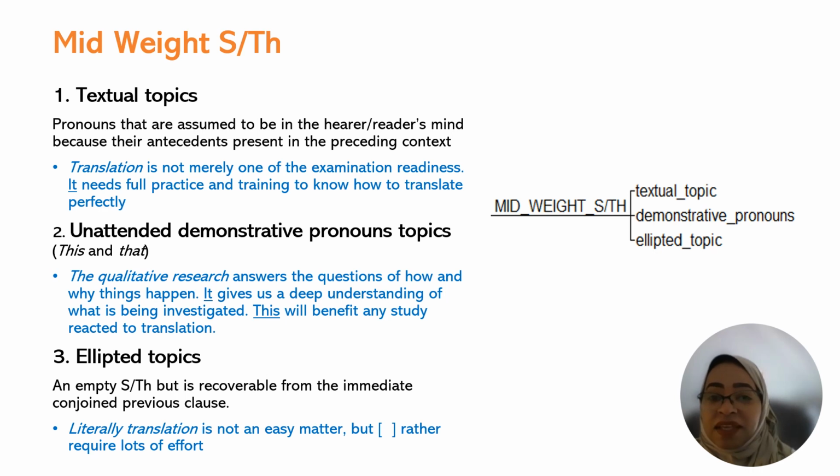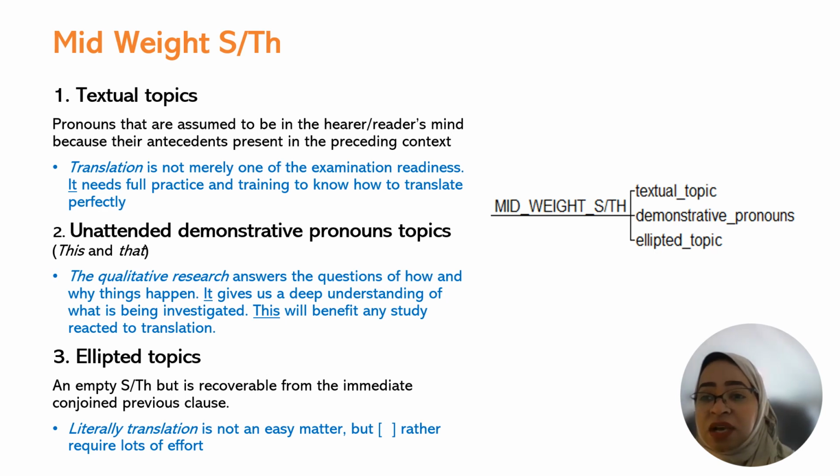Midweight subject themes can also be further classified into three subcategories, which encompass textual topics, unattended demonstrative pronouns, and elliptic topics. These themes carry slightly more content weight compared to light themes.